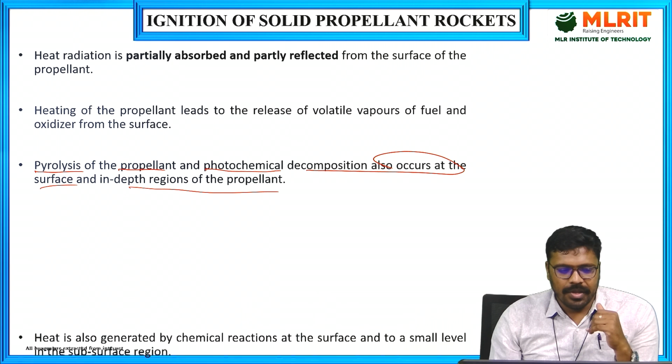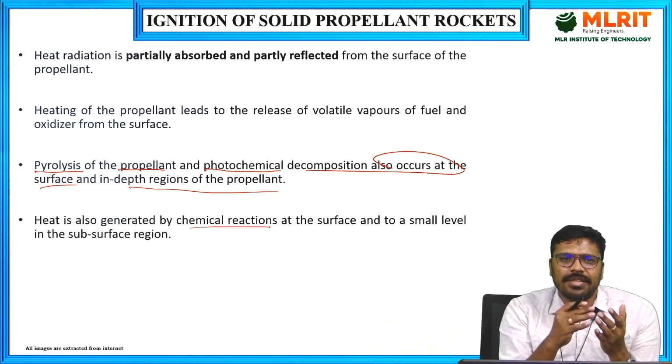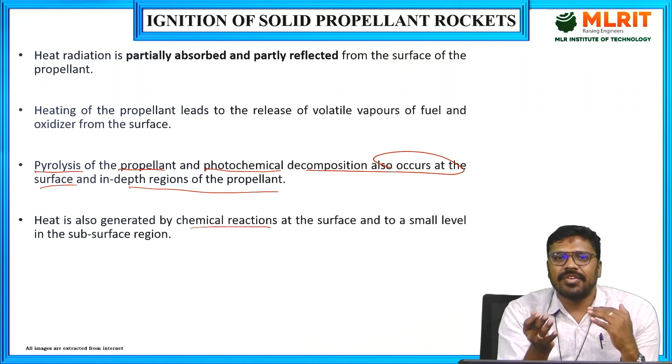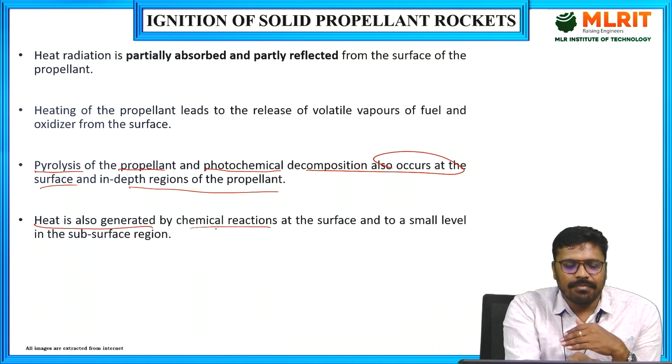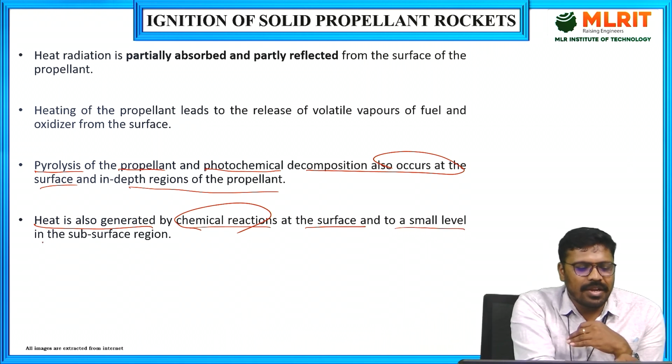Next, heat is also generated by chemical reactions. Whenever sufficient energy is available to start the chemical reaction, the fuel and oxidizer will start reacting with each other and produce energy.